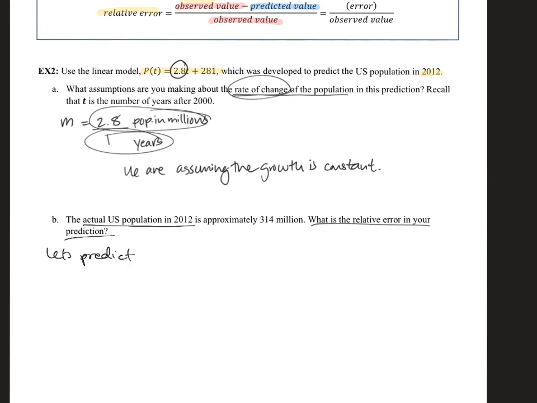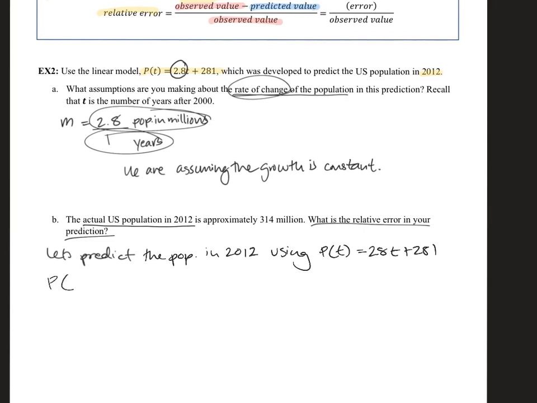We want to predict the population in 2012 using P of t equals 2.8t plus 281. So we're going to go ahead and use this to predict the population.